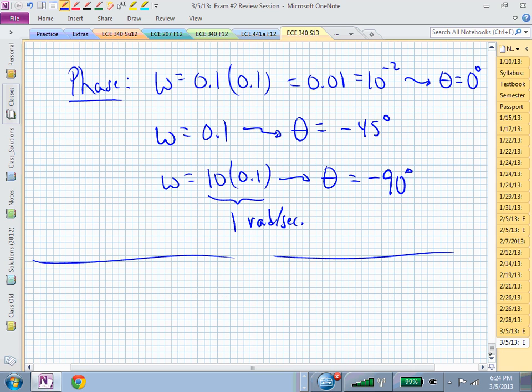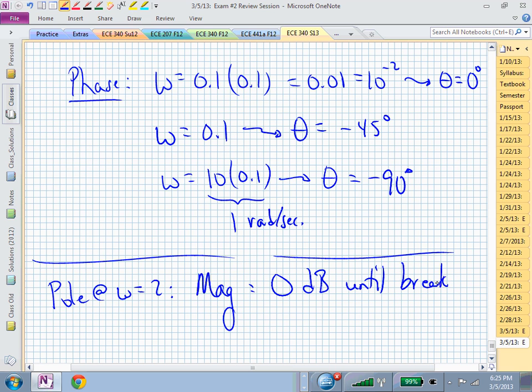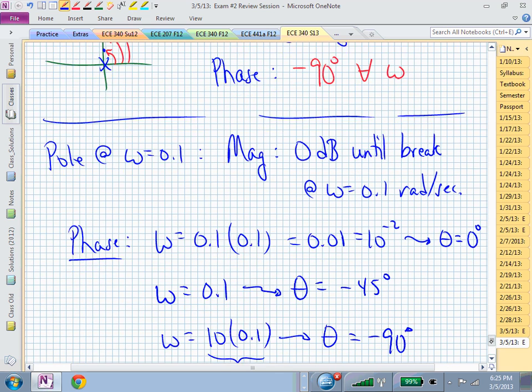We have one more pole. That's going to have a magnitude of 0 dB until the break. Until break at omega equal to 0.1, and then we have a minus 20 dB per decade slope thereafter.